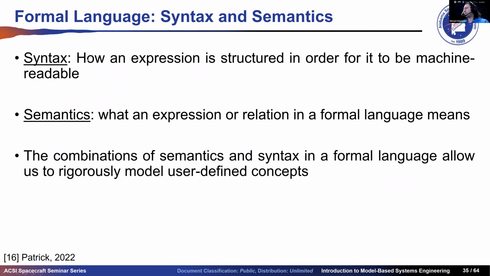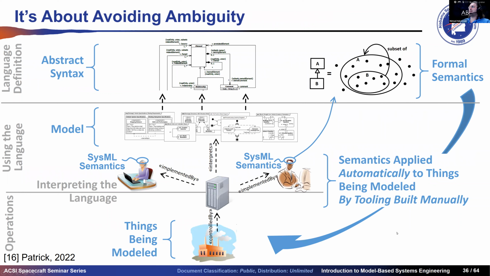Here are the formal definitions for syntax and semantics, and the combination of these defines a modeling language. And we are here specifically going to talk about two modeling languages: the Unified Modeling Language, UML, and SysML, the Systems Modeling Language. So no matter what modeling language you're using, this is in general the structure that it takes. All right, we have something here that we are trying to model.